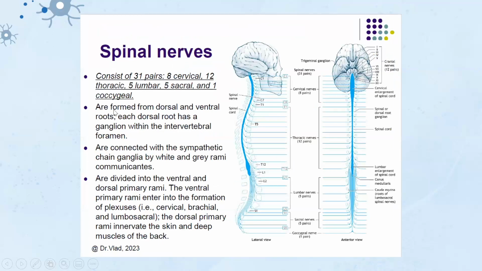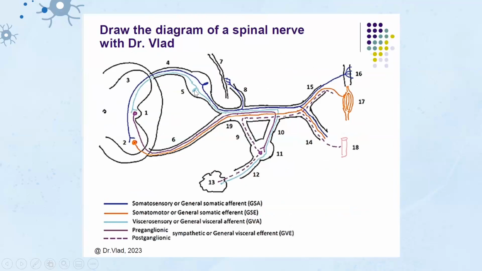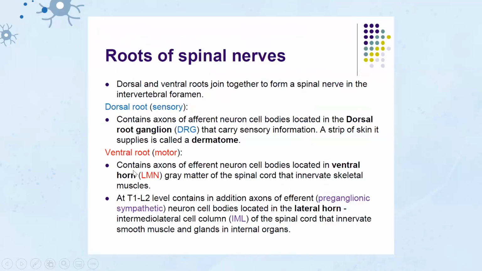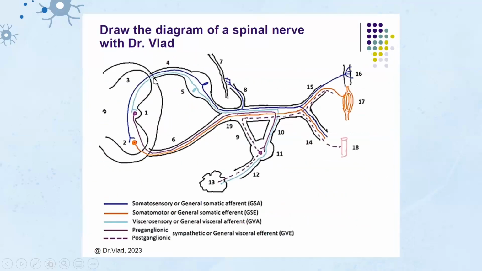The spinal nerves are formed from the dorsal and the ventral roots. The dorsal root and the ventral root combine to form the spinal nerve. The dorsal root has a ganglion, and they're connected with the sympathetic chain by the white and gray rami communicantes. So this is the dorsal root, this is the ventral root.